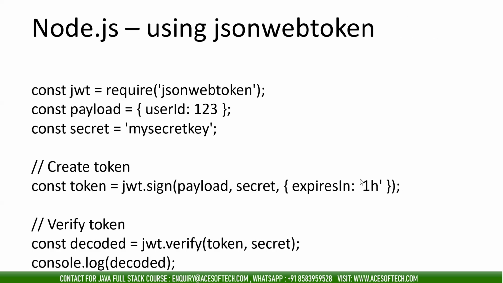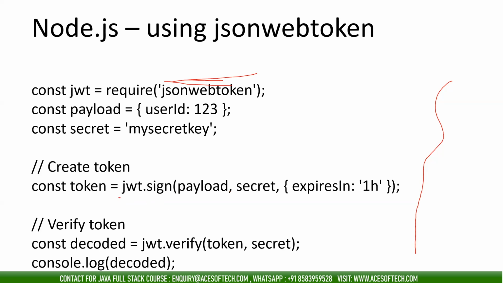Now, you may not know all the languages, but I have provided a glimpse, just a short example of how a JWT token is used in different languages. For example, in Node.js it is used something like this: JSON Web Token. This way a JSON Web Token can be generated.